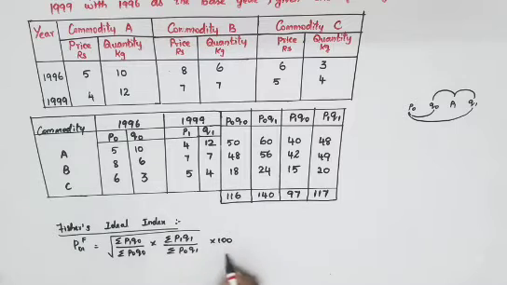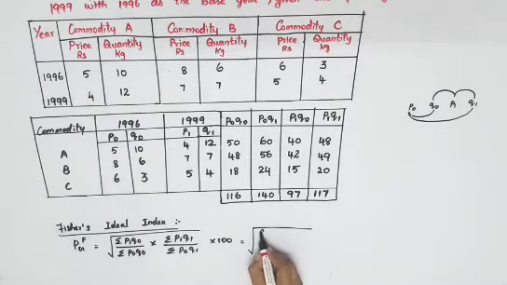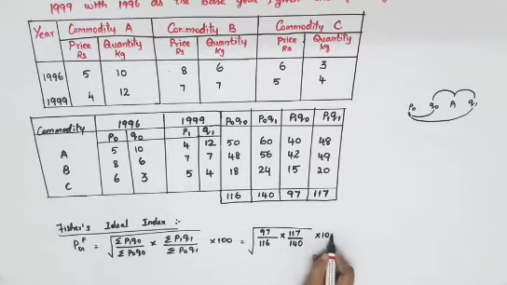Okay, so into 100, now you will have to substitute your value, that is root of P1 Q0 with sigma. So you will have your third column 97 divided by P0 Q0, that is your first column 116 into P1 Q1, that is your last column 117 divided by P0 Q1, that is your second column 140 into 100 is separately out.